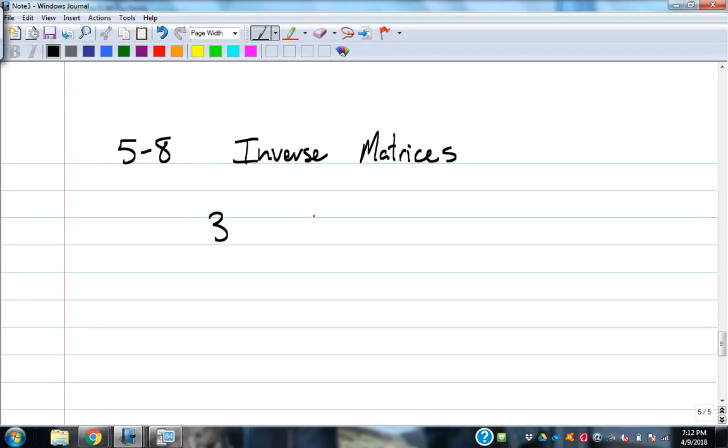3. What's the inverse of 3? That's right. That's the key there. 3 to the -1 power is 1/3. With a matrix, why is 1/3 the inverse of 3? Why are they inverses? You may have never been told this.